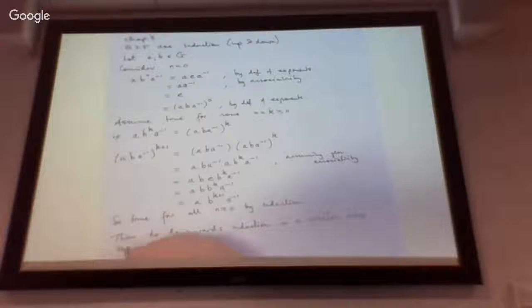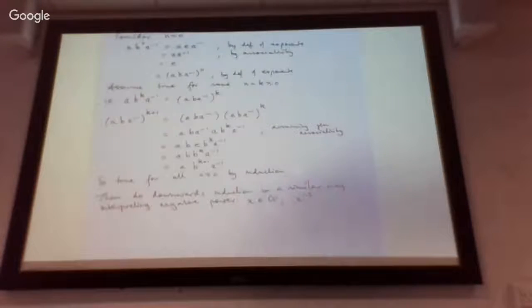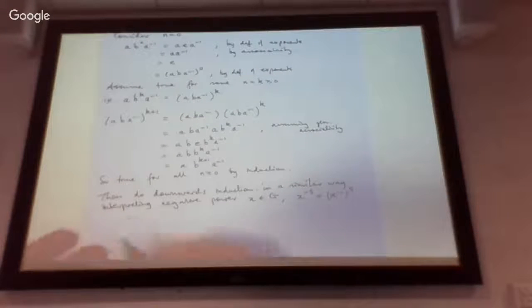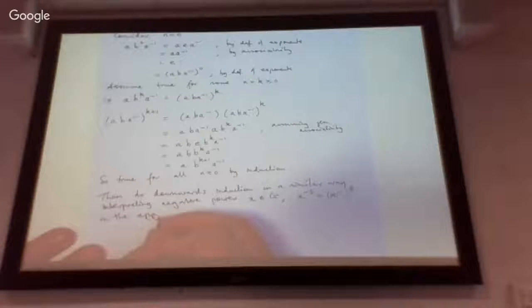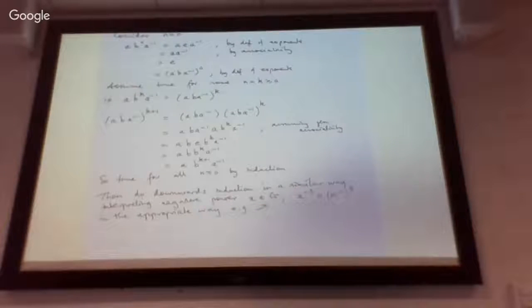Interpreting negative powers. If you have an element x in the group, what is x to the power minus 5, for instance? The definition of that is the inverse element of x raised to the power plus 5. So interpreting negative powers in the appropriate way, for example this one.